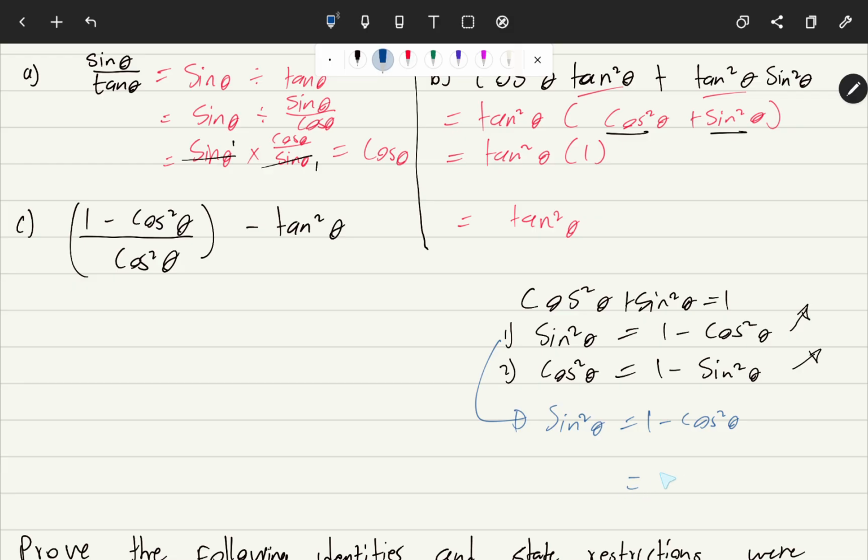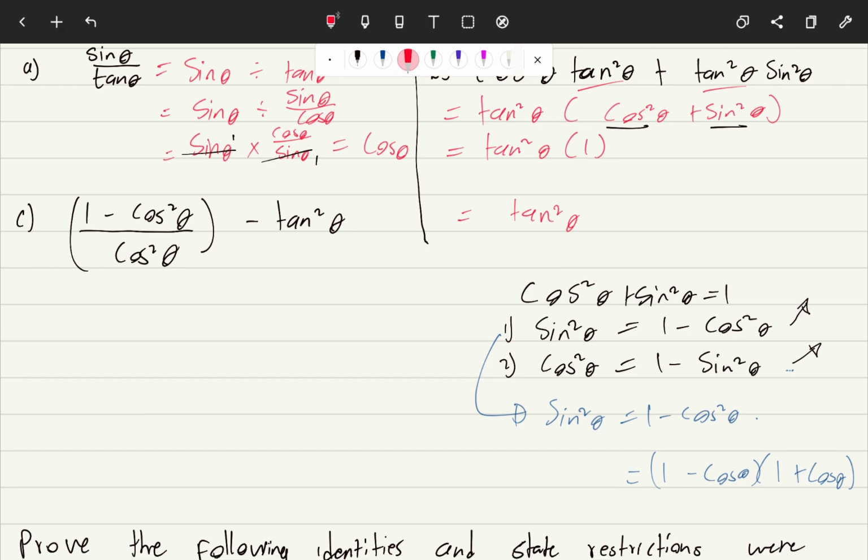So the difference of two squares is just going to be 1 minus cos θ on one side and 1 plus cos θ on the other side, right? You multiply this all out, you're going to get this. The same thing is applicable here as well. Let's go back to solving these problems.